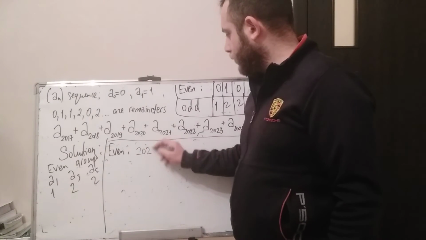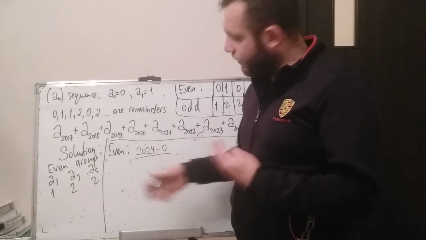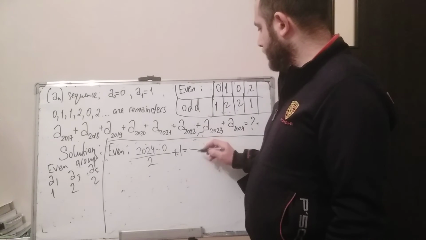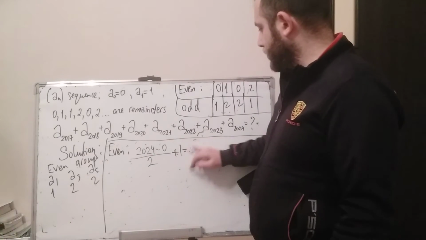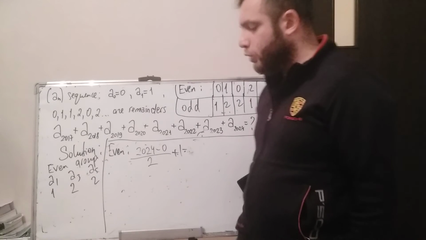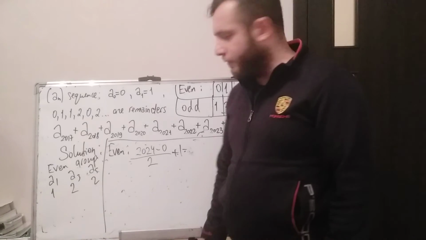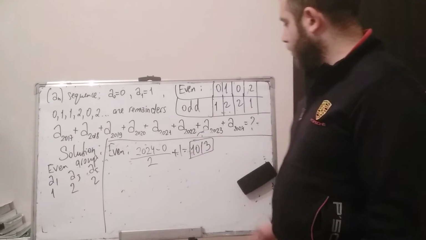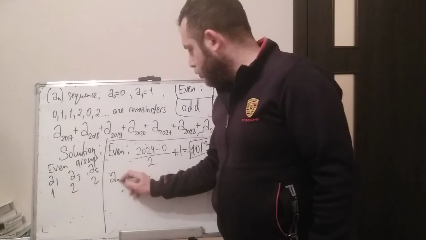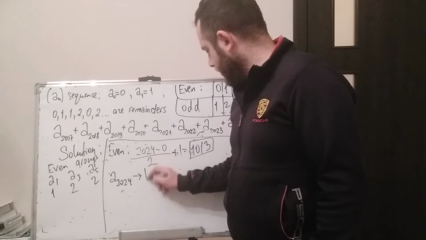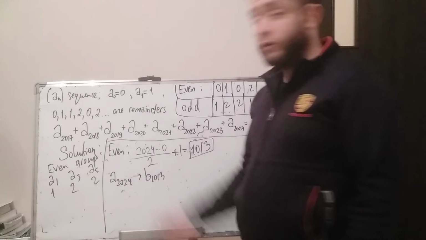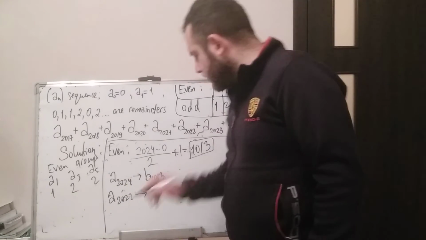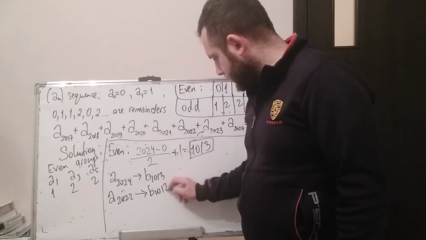Let's find (2024 minus 0) over 2, plus 1, to get the number of terms in the even sequence. That is 2024 over 2, which is 1012, plus 1, so 1013 terms. A2024 will be B1013 because it's the last term. So that means A2022 will be like this.